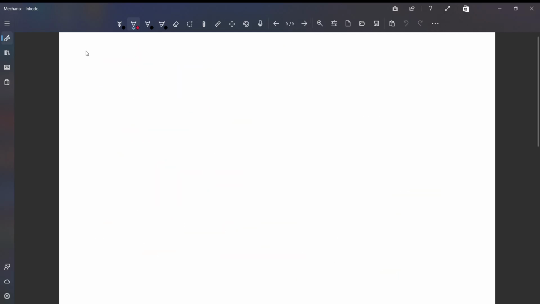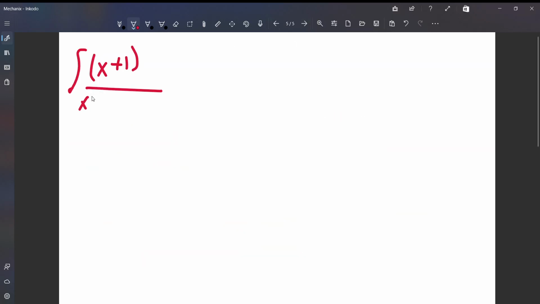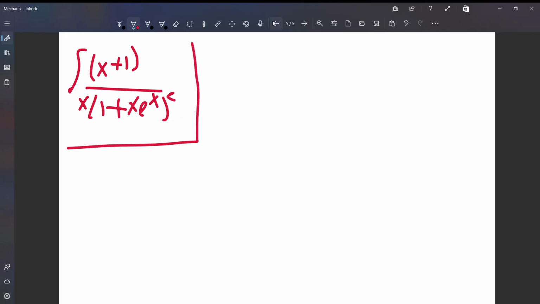So the integral of (x plus 1) by x into (1 plus x e power x) whole square is our integral, and let us continue differentiating it.